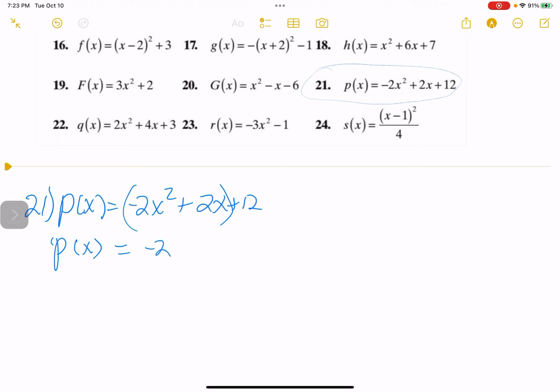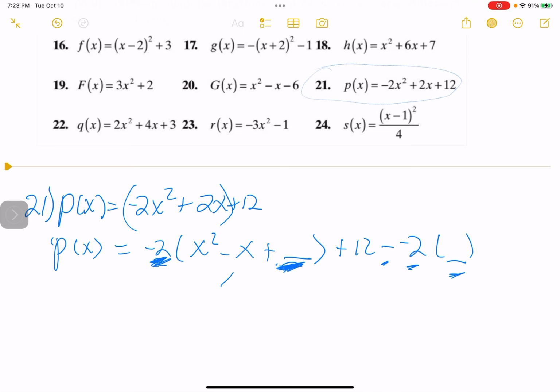Factor out the negative 2, so it's x squared minus x plus some blank, plus 12 minus negative 2 times the same blank. What I want to point out here is I'm adding negative 2 times this blank, so I have to subtract negative 2 times the same blank.